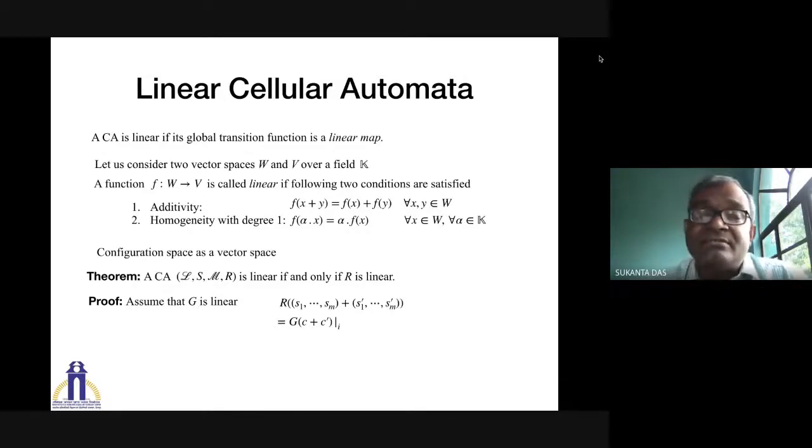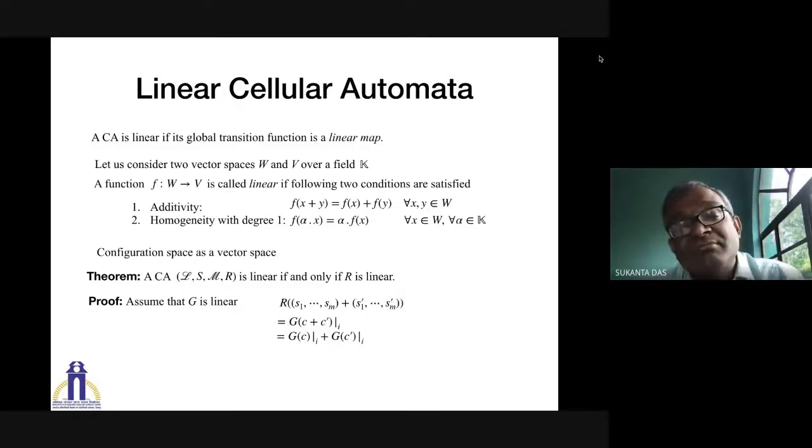Now G is linear. So linear means, from the additivity condition, I can write G of C plus G of C dash, and restriction always I am putting over I, I can write because G is linear. What does it mean actually?